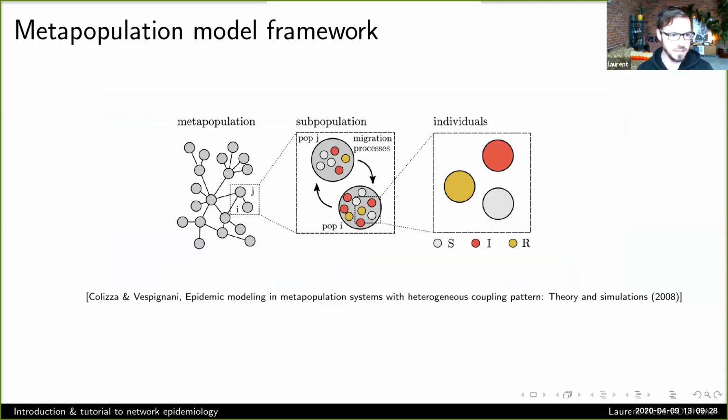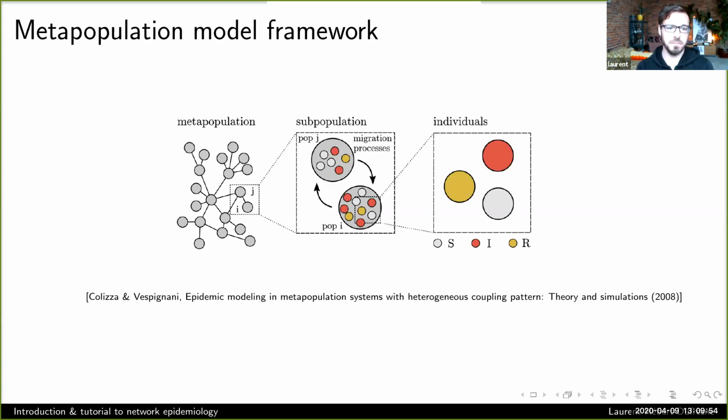So the approach that they use is what we call the metapopulation framework, where you have a network around locations. So you define a few thousand locations around the globe, which are places around a travel hub. And then you can define connections across these travel hubs, these locations, by how many people take a plane from location A to B, how many people take a train from location A to B, and you can define edges.